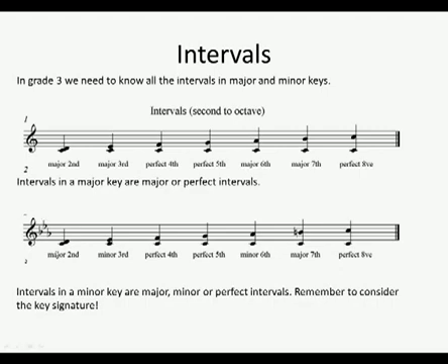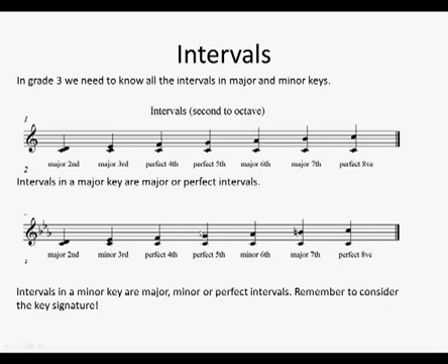In this minor key, of course, we're going to look at the key signature first. So we know we're in C minor. We'll have that major second, because it's exactly the same combination of notes as in the major key. We'll have a minor third, because remember this E flat, so it is a C to an E flat, which is a minor third.